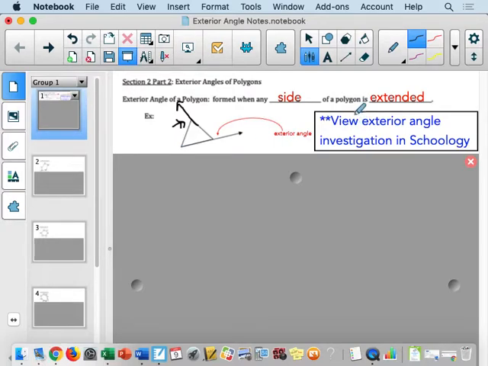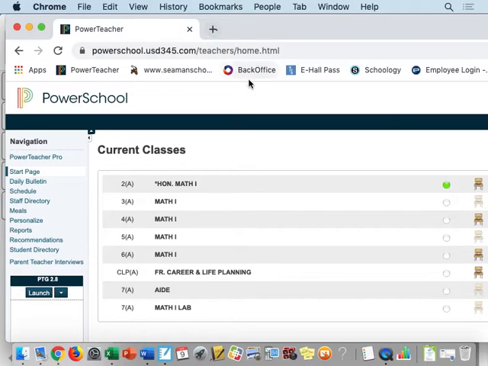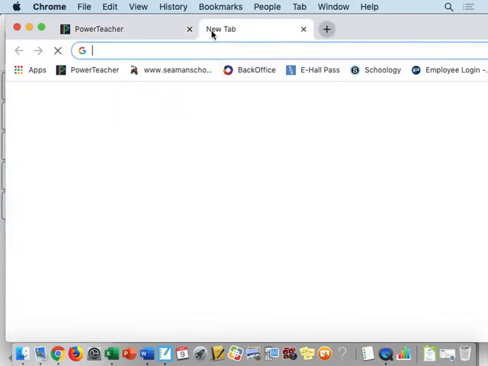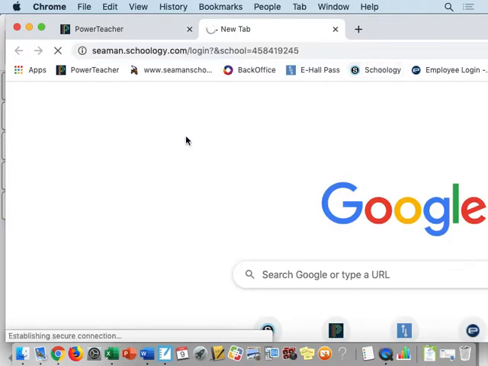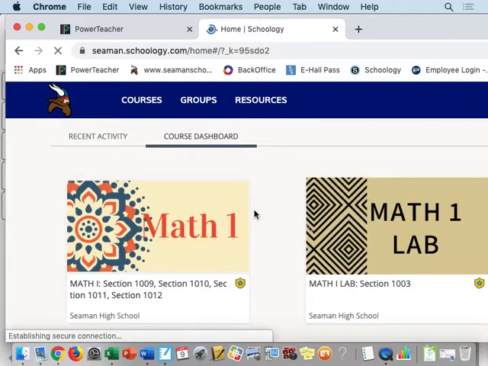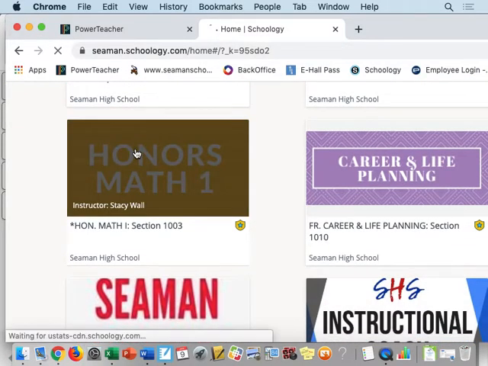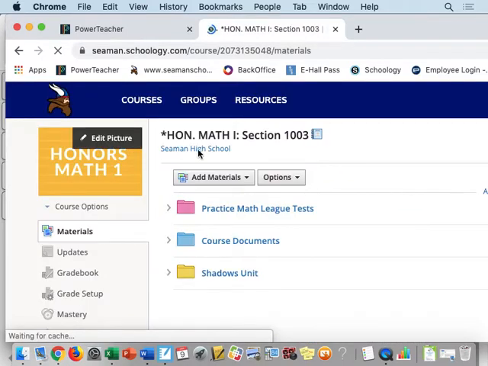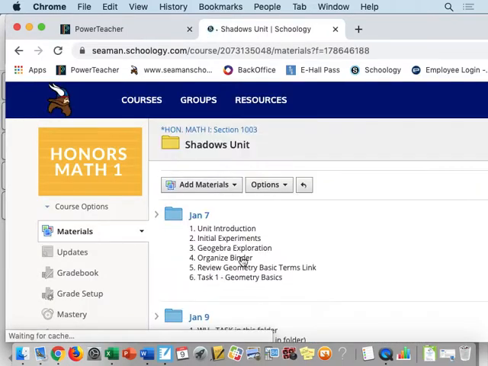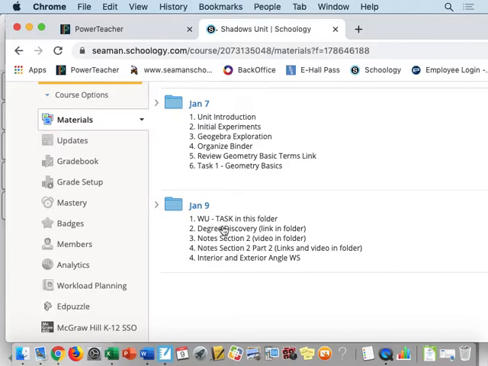So in Schoology, if you would please, go to the folder for today. Have a physical calculator ready to go. Going to the folder for today.